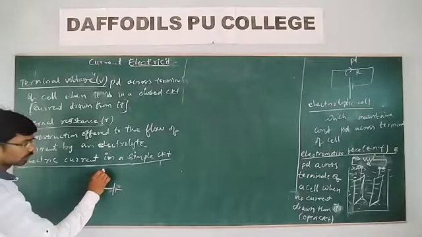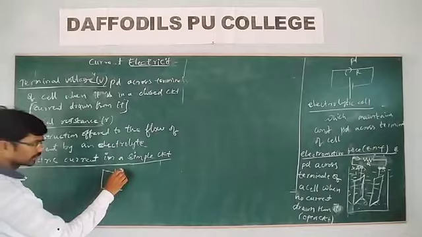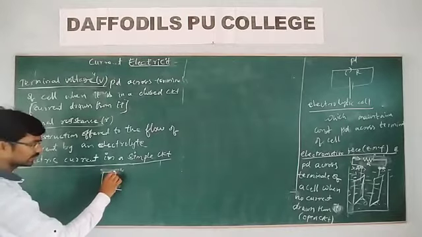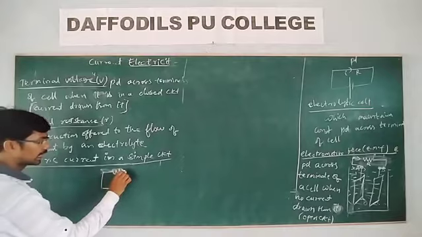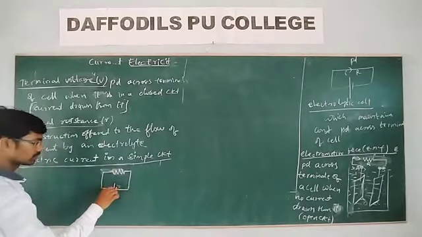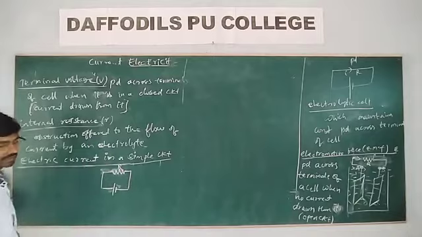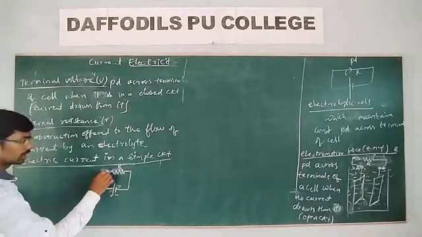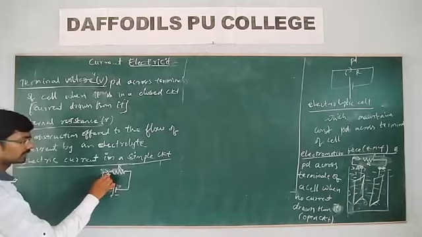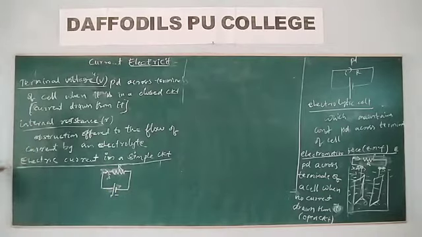Now to this cell we connected a resistor of resistance R. R is what? Resistance. This is positive and negative, and the current flowing through this is I. So whenever it is closed.